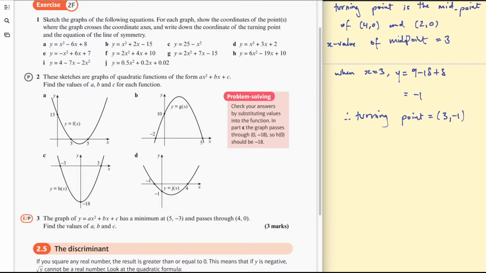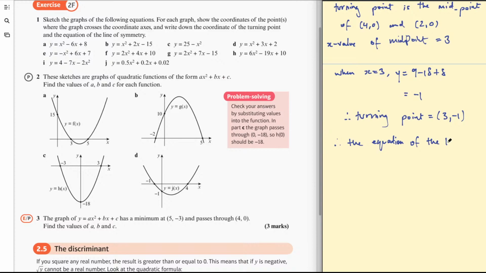Okay, so the turning point is (3, -1), and therefore the equation of the line of symmetry is x equals 3. That's a vertical line at 3 on the x-axis.